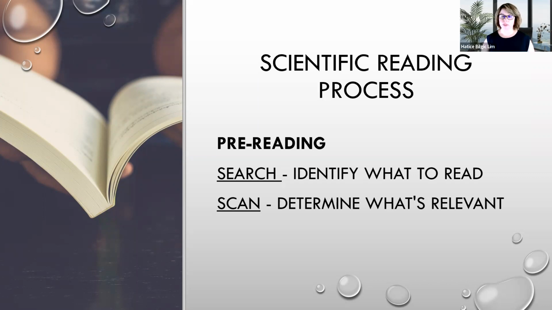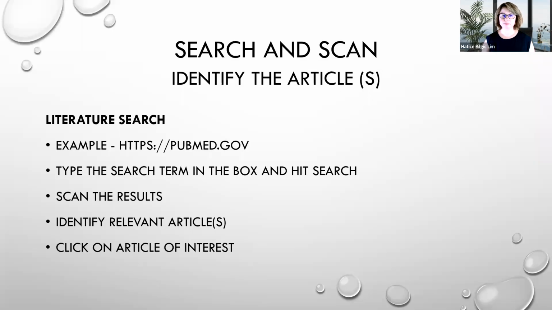Once you know what to read, the next step is to quickly scan the material to see whether it's relevant to your topic and your purpose. Now, let's put this into application and go over a simple search and scan example. Okay, here are the steps involved in a search for a publication or literature.